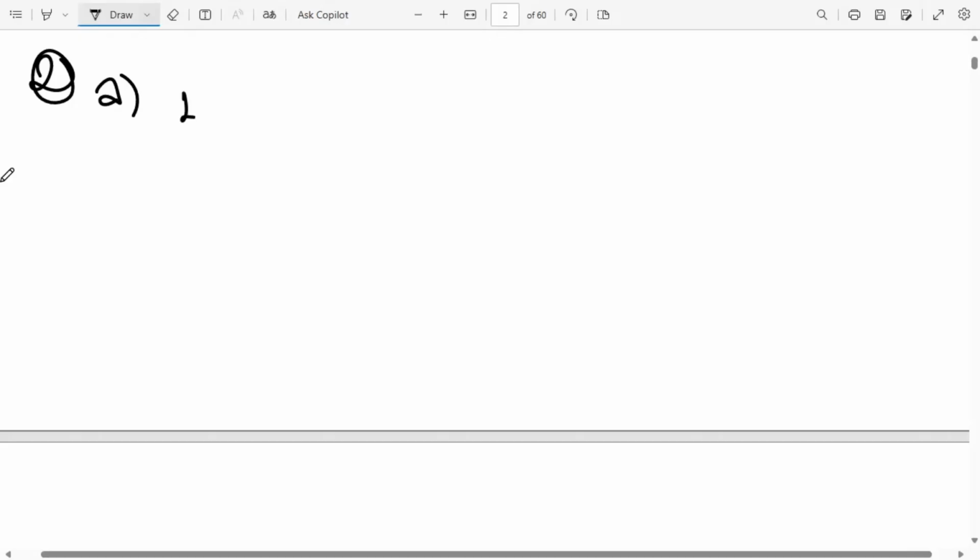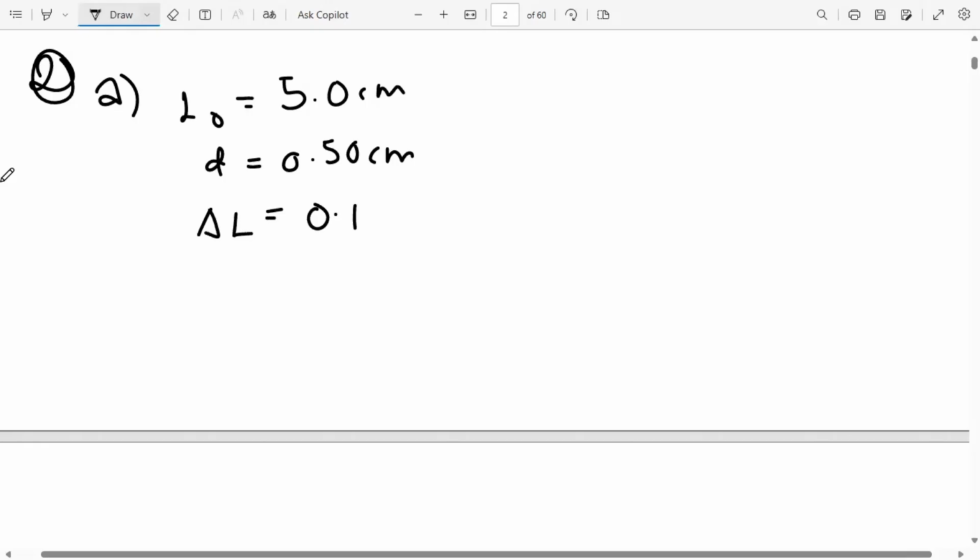We've been given the initial length, 5.0 centimeters. We've been given the diameter, 0.50 centimeters. We've been given the change in length, 0.12 centimeters. We've also been given the force applied, which is 250 newtons.